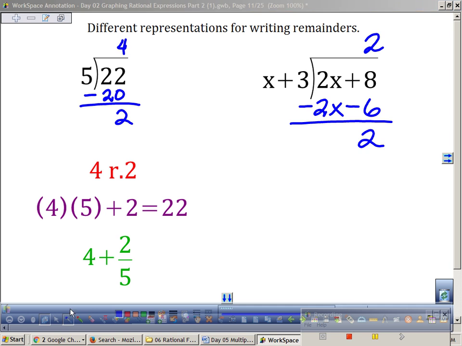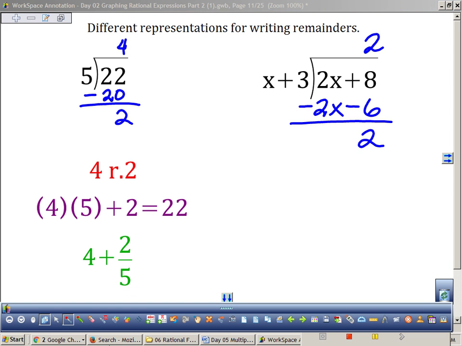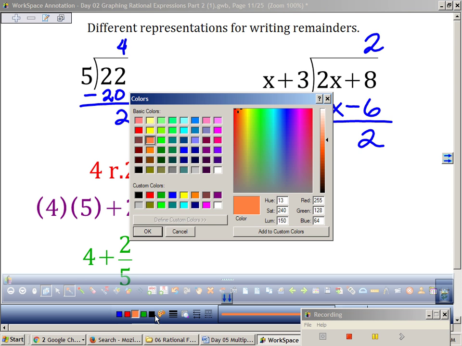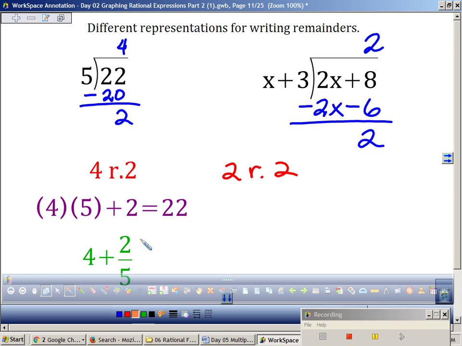So if we were to write it this way, it would be 2, remainder 2, right? If we were to write it this way, it would be x plus 3 times 2, plus 2.